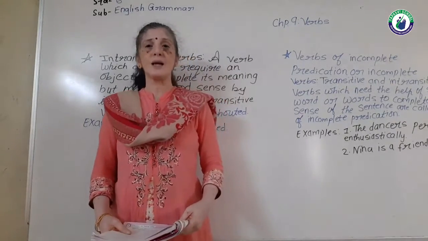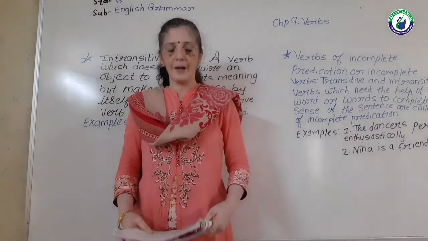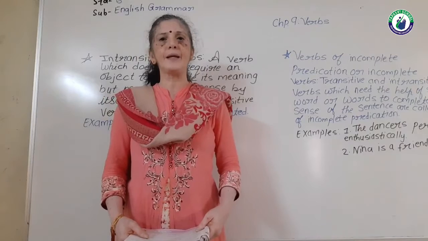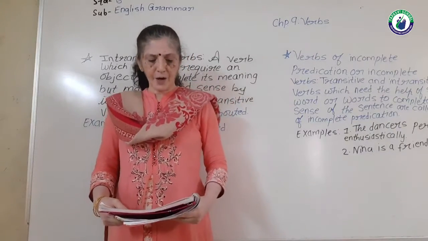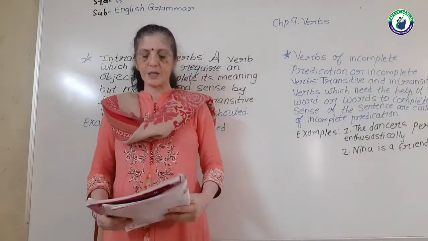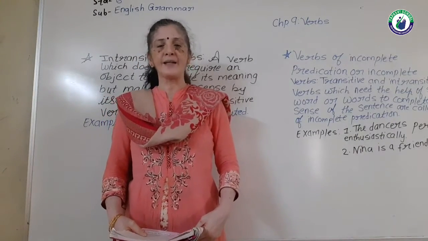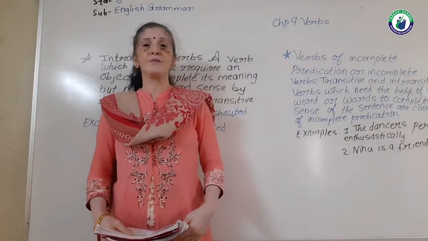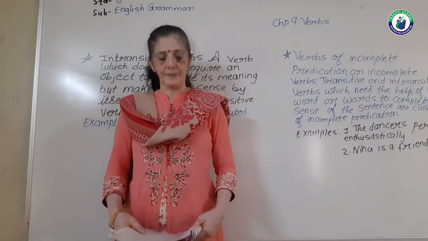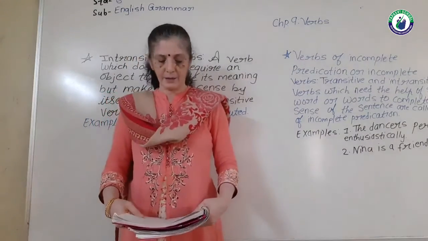So enthusiastically is called the complement of the verb, and perform is called the verb of incomplete predication. A word or group of words that completes the sense of a sentence is called the complement of the verb. Means after the verb we write any word which gives complement, that is called the complement of the verb. Now next is Nina is a friendly girl.